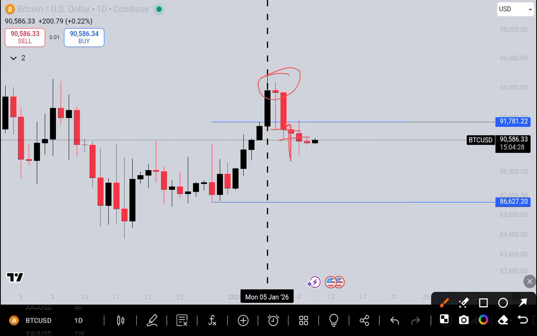The next candle, price mitigated the high and closed within the range. So you see, there is no entry for now. We keep going. The next candle, nothing. There is no breakout. There is nothing happening here.